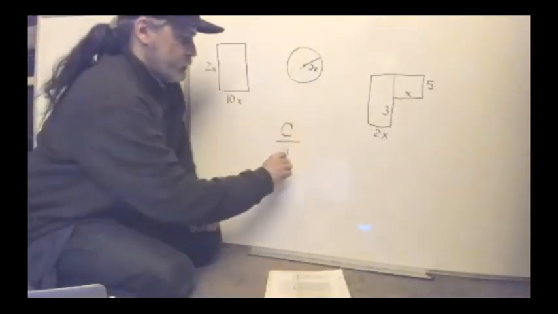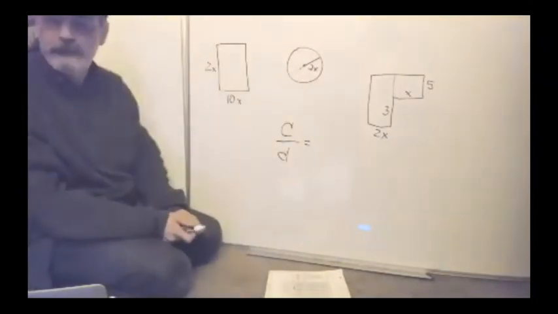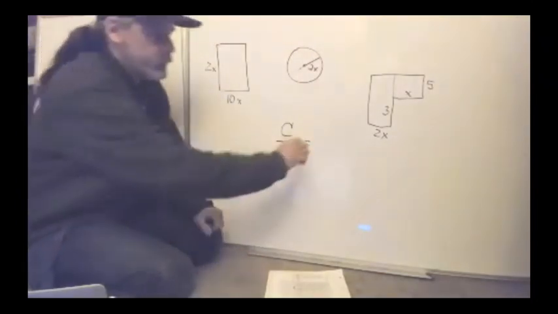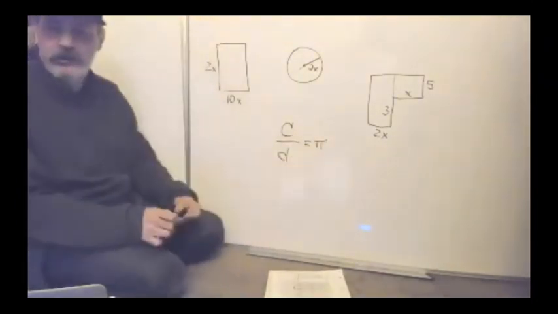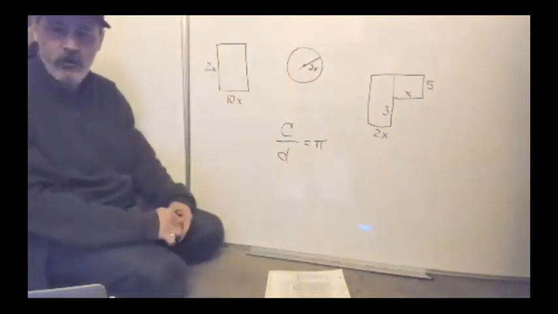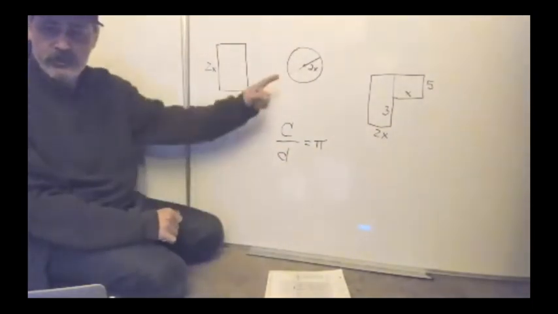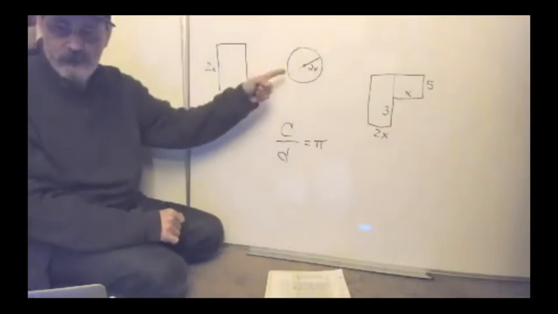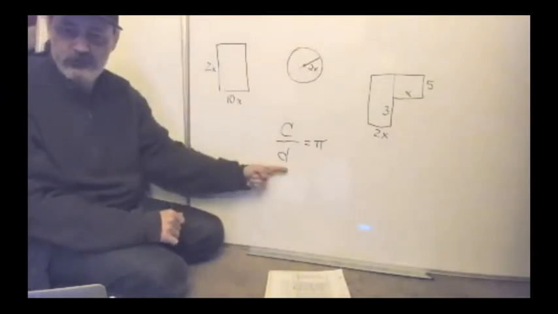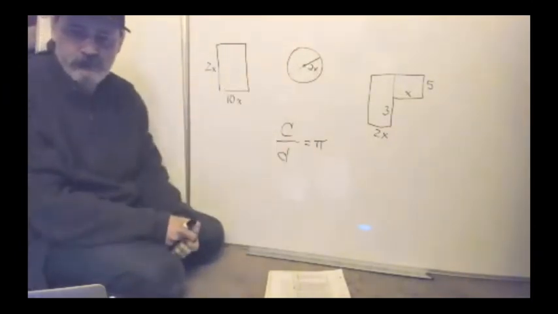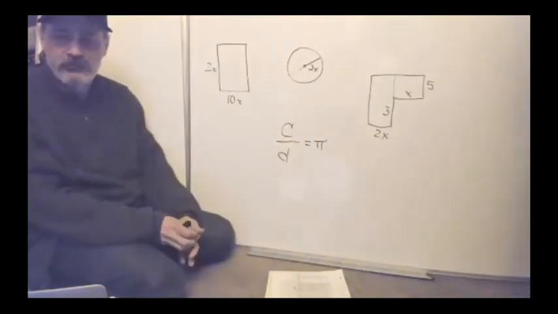And the ratio of the circumference to the diameter is what we call pi. That's where pi comes from. For all circles, if you measure the circumference and you divide that by the diameter, you're going to get pi. And you can actually do this yourself, which if we were in live classroom, we do.